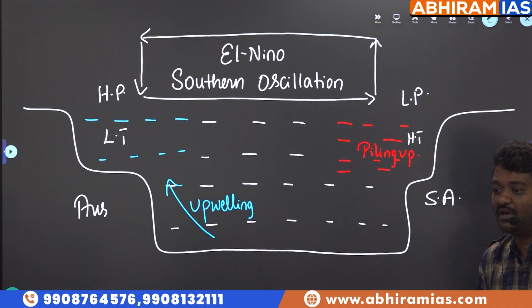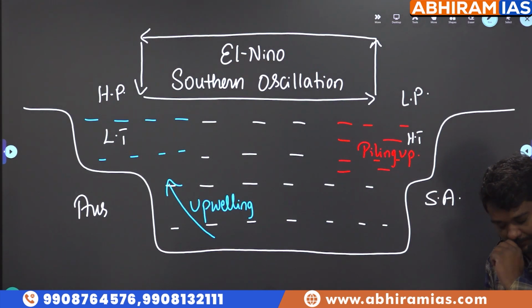I hope you might have heard Australia has coral reefs, Great Barrier Reef and all. They will be affected. Second, coral reefs will be affected. Next, droughts in Australia. Floods in South America. Next point.